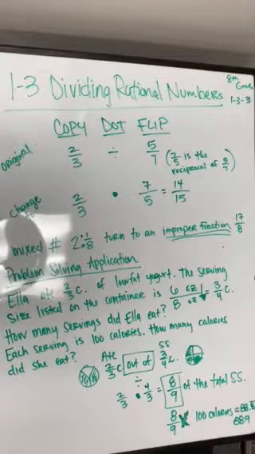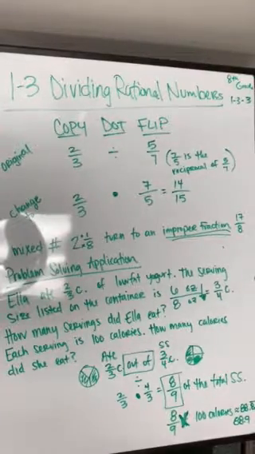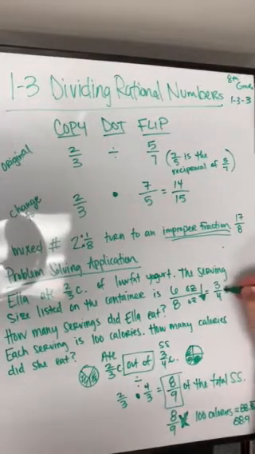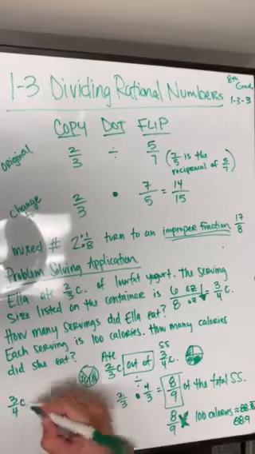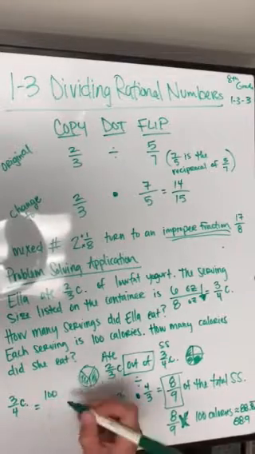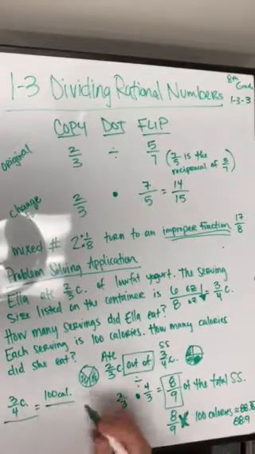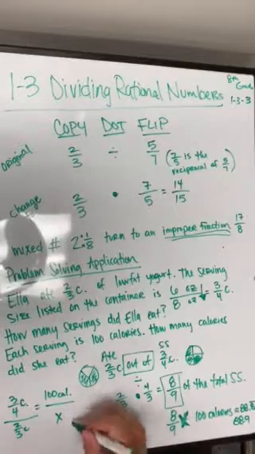I'm going to show you guys something that I think is easier. This is kind of how the book wants you to think about it. This is how I think about it. If 3/4 cup is 100 calories, then 2/3 cup is how many calories?